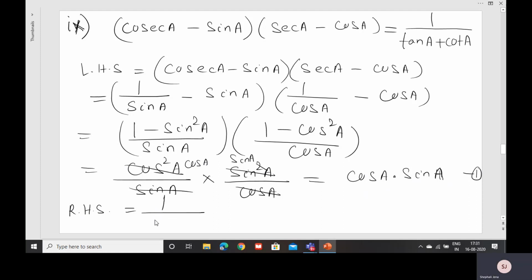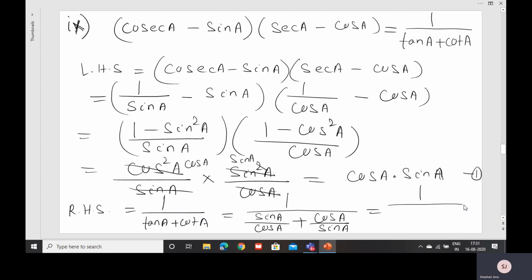So 1 divided by tan A plus cot A is equal to 1 divided by, in place of tan A, you convert to sin A and cos A. So sin A divided by cos A plus cos A divided by sin A.